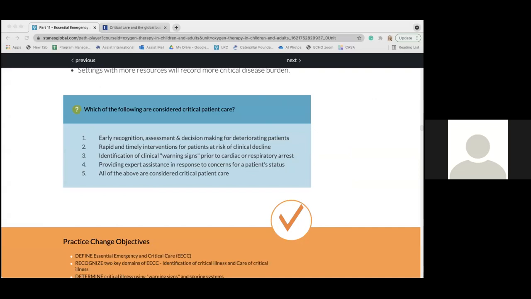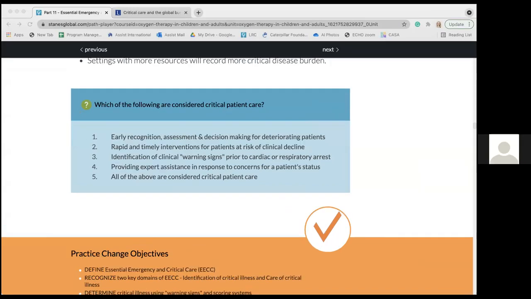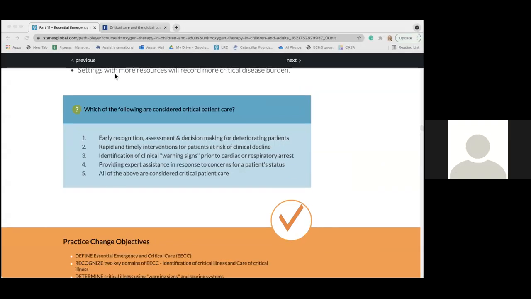It starts with recognizing a critical illness, and this will then guide the most appropriate actions based on assessment and recognition. This is followed by rapid and timely intervention for patients at risk of clinical decline. So option B is an answer here.